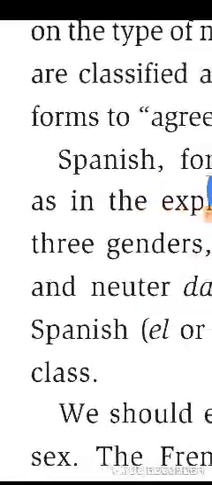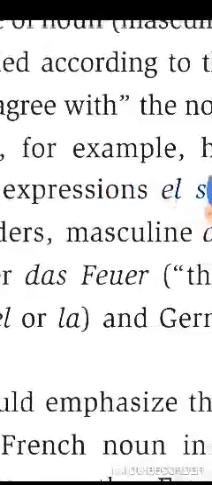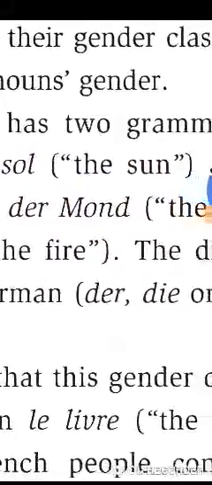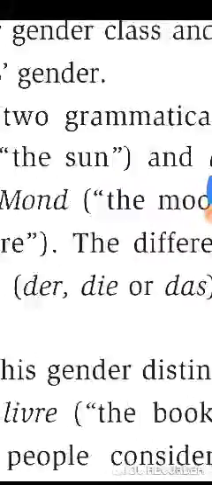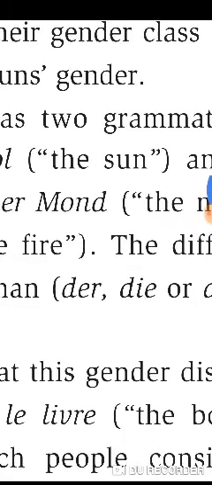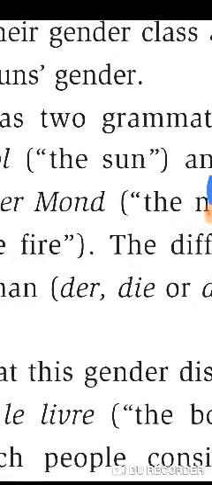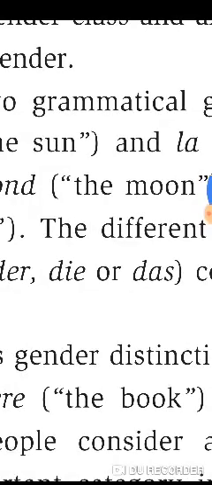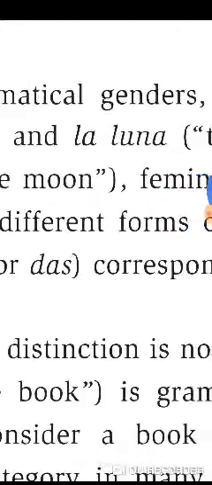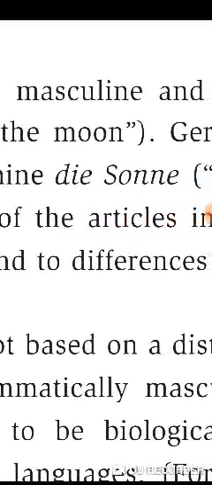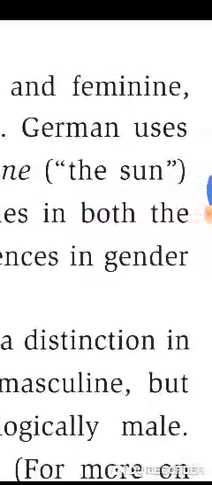Three genders. Masculine, like der Mond. What does it mean? The moon. You pronounce it der Mond. So the moon is masculine in German. Feminine, die Sonne, means the sun.